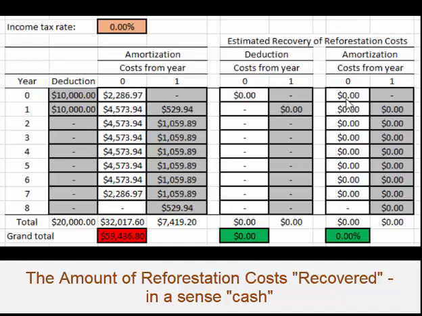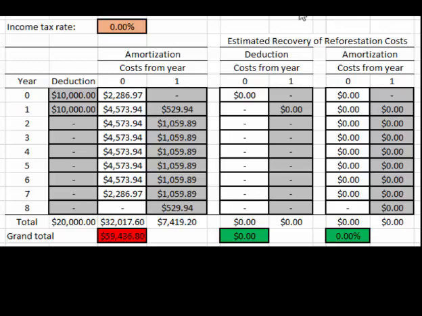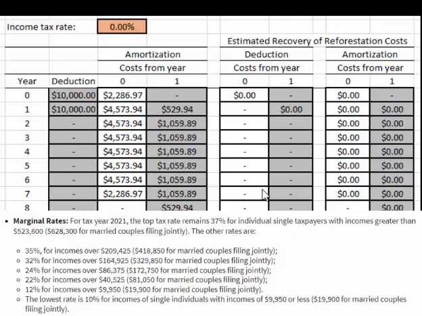And then your amortization schedule based on the reforestation cost incurred in year 0 and during year 1, the amount of reforestation costs amortized, say recovered in a sense, over the 8 tax years, 84-month period, 7-year period. And so the amount that you will actually recover is going to depend on your federal income marginal tax rate, or your bracket.